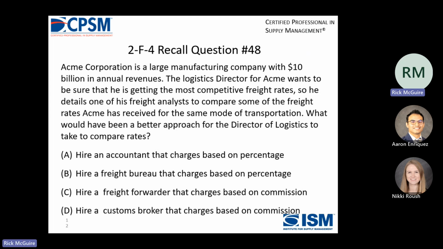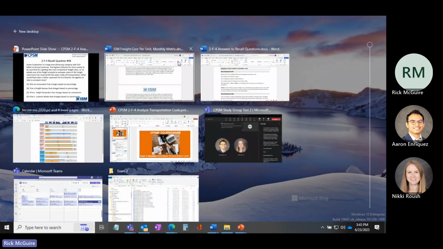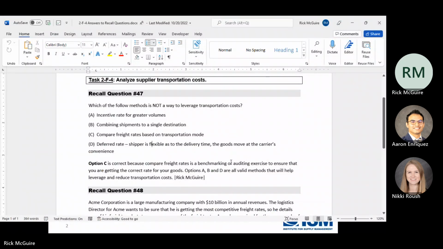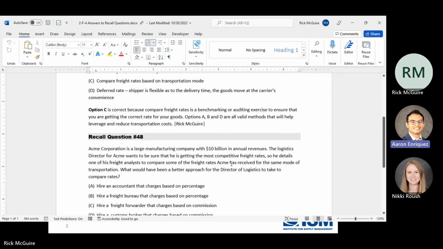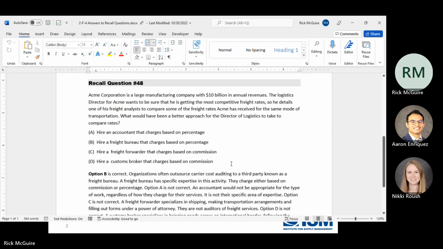Hire an accountant? Nope. Hire a freight bureau? Probably. Not a freight forwarder and not a customs broker. So it's got to be B. Yep, I would agree with that one. That one was pretty easy.